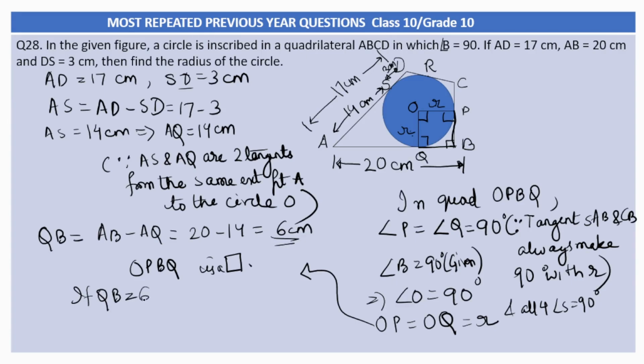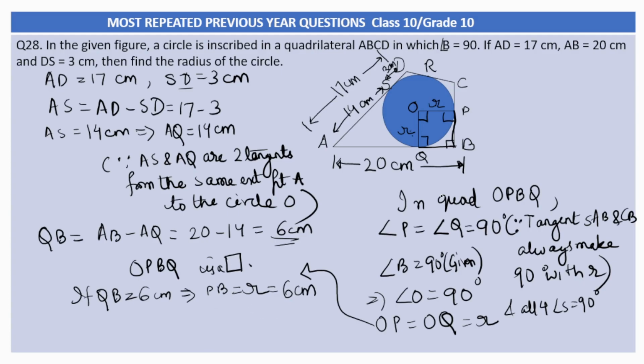That means if QB is equal to 6 centimeter, which we have just found, all the sides, like PB, and these two sides which are radius R, will be equal to the radius of the circle, which is now equal to 6 centimeter, because in a square all four sides have equal length.